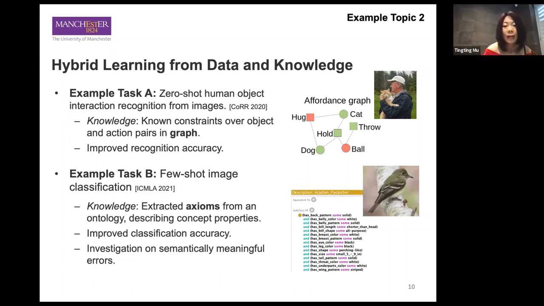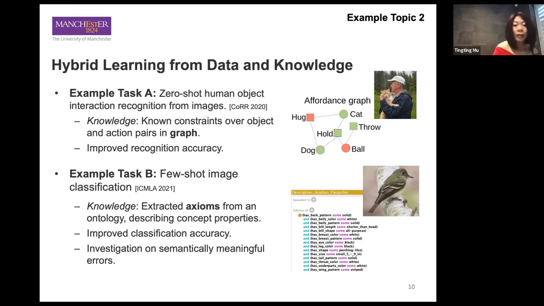And then the second task is the bird image classification task, which is the same one we mentioned earlier. The setup we work under is few-shot learning. We feed the model only 1 up to 5 example images for each bird type.